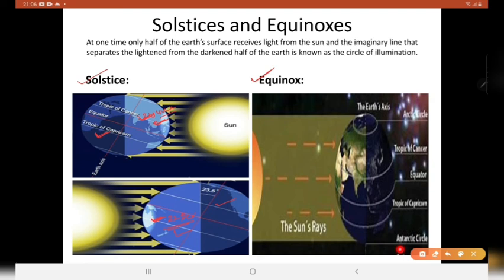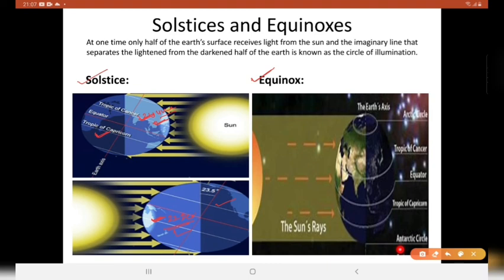Now, equinox. Equinoxes are the 2 days in the year, that is 21st March and 23rd September, when the days are nearly equal to the nights all over the world.